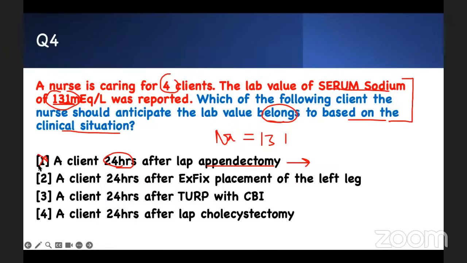So you're likely to eliminate this out. 24 hours, external fixation. We just put an external fixator in your leg. You're not getting fluid. We're not doing anything to you. There's nothing that shows that I'm giving you a bunch of fluid, diluting your sodium. Probably this patient is eating. Don't worry about it.